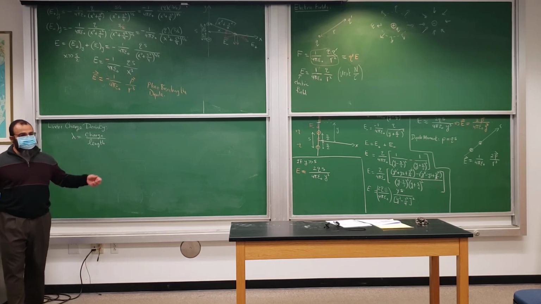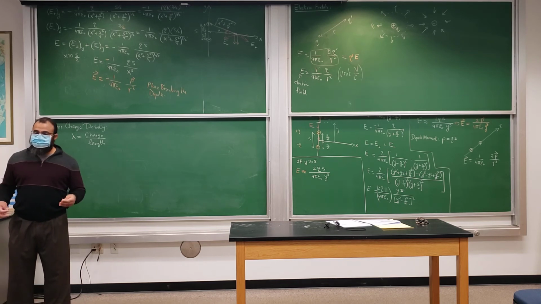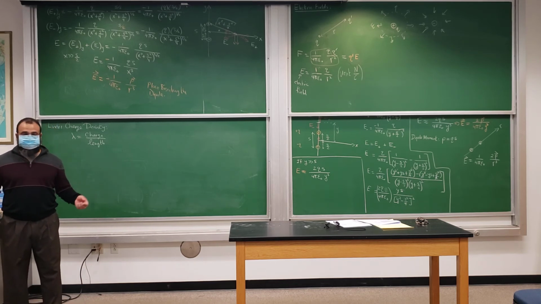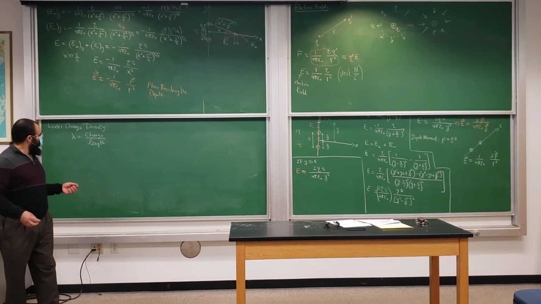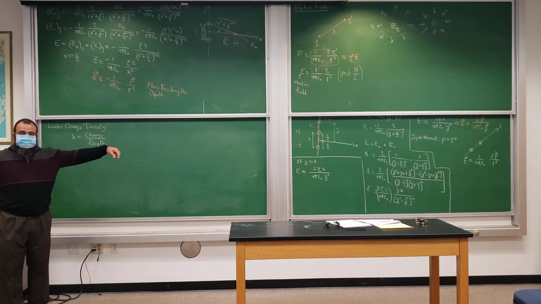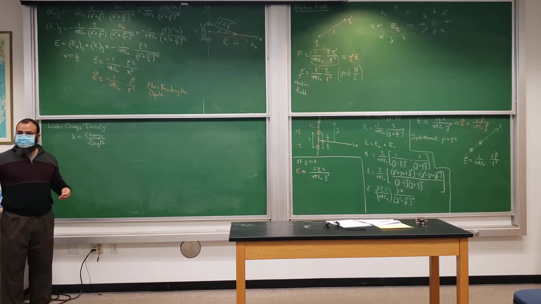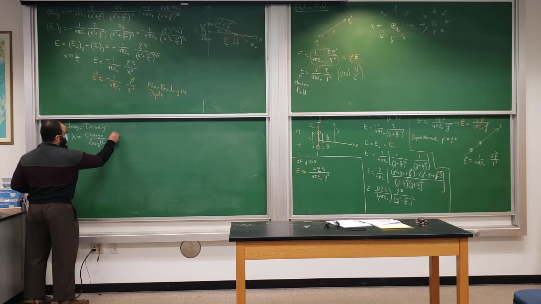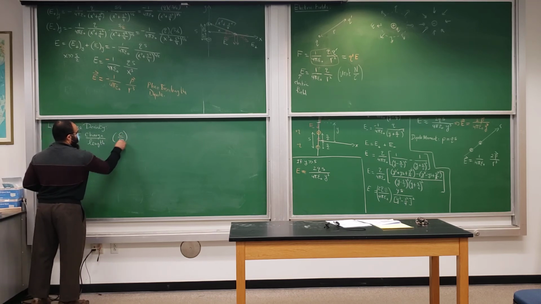If you have a rope, if I give you 10 meters of it, how many kilograms is that 10 meters worth? To calculate the mass density in that case, you take the total mass and you divide it by the length of the string. So the same thing here, you take the total charge and you divide it by the length. So the units will be coulombs per meter, right?